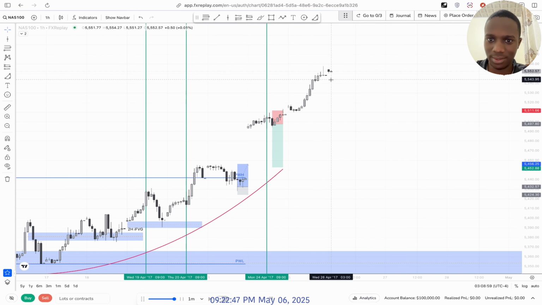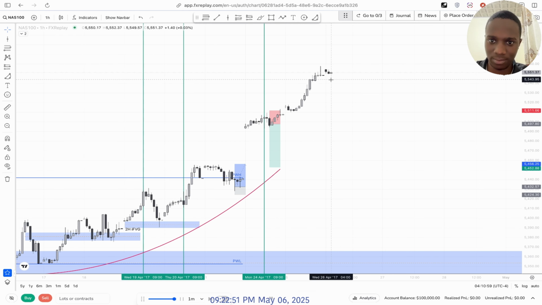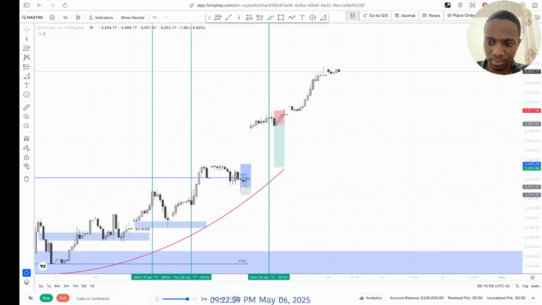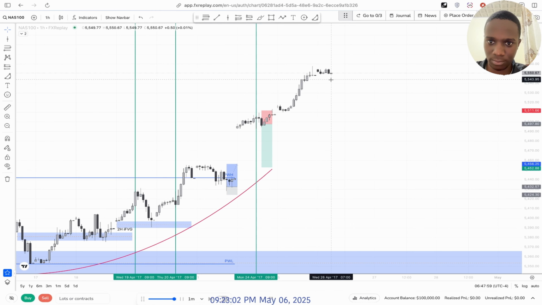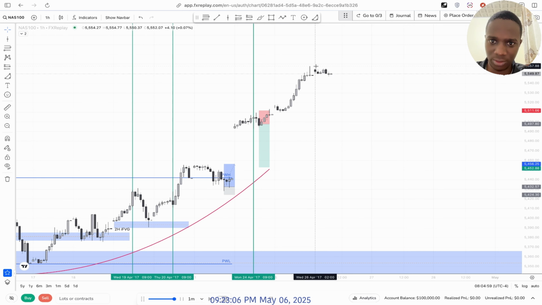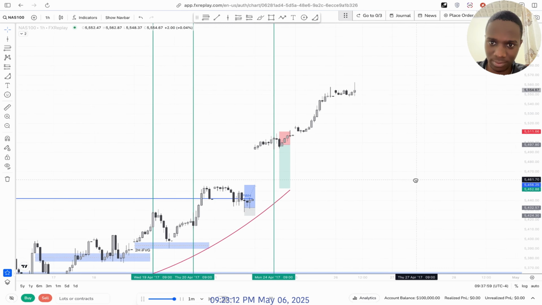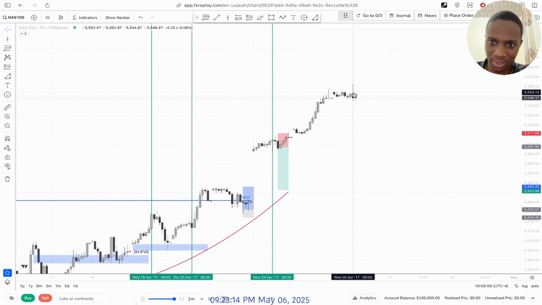It's Wednesday. London session has just started. If it fails to break this high, then it's going to drop. It's broken it.